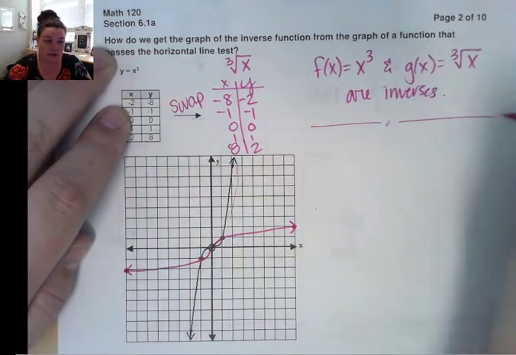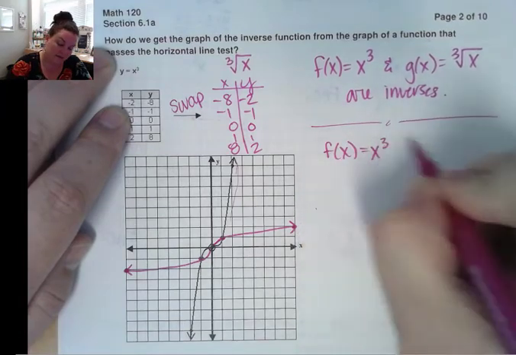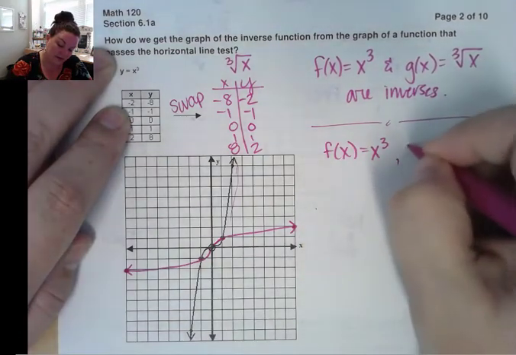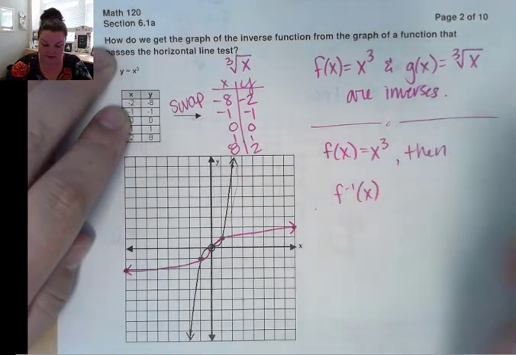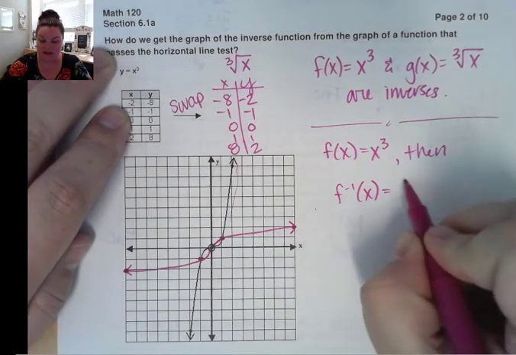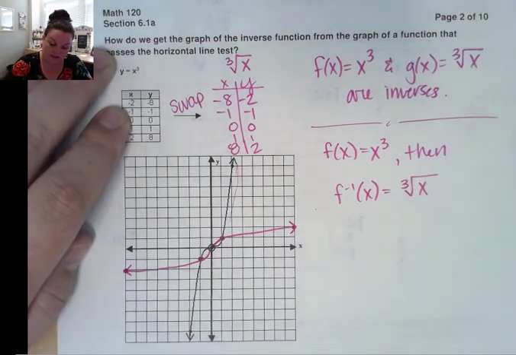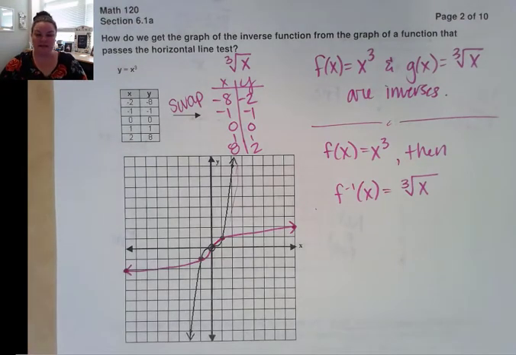Another way we could write this is we could say that if f of x is equal to x cubed, then f inverse of x, remember this notation stands for the inverse function, then the inverse would be the cube root of x.